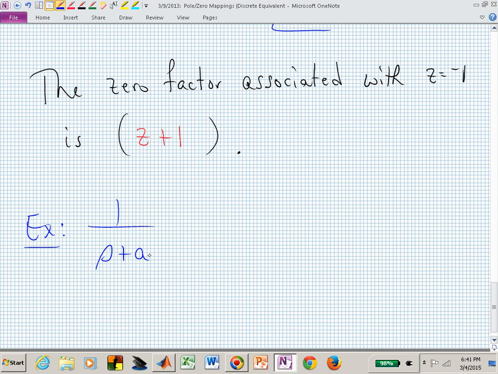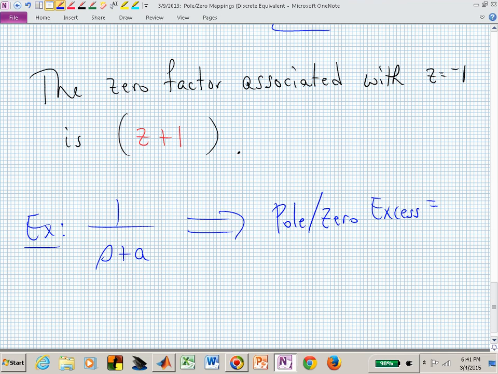Suppose we have that factor, and I ask, what's the pole 0 excess? That's kind of a new phrase maybe for those of you that didn't take an earlier controls class like 441. But how many more poles do you have than zeros?